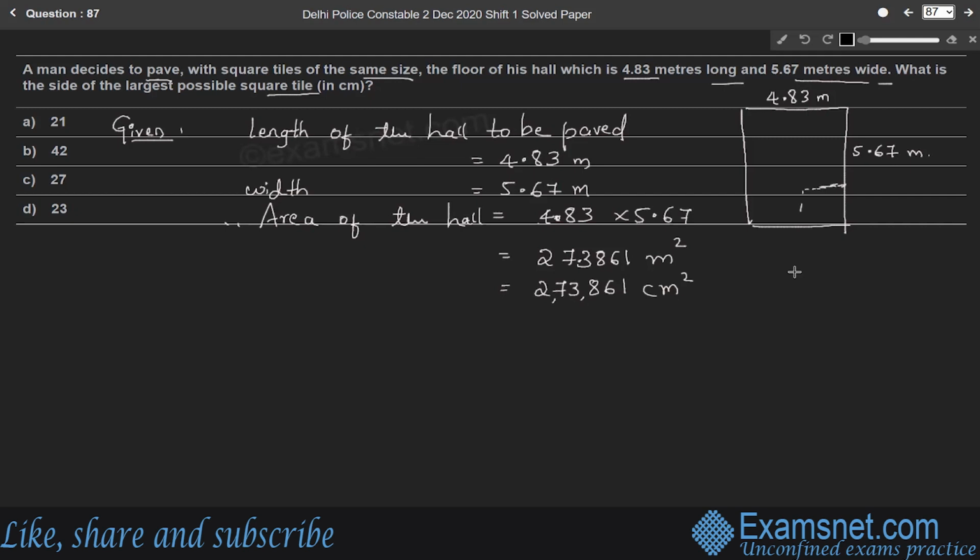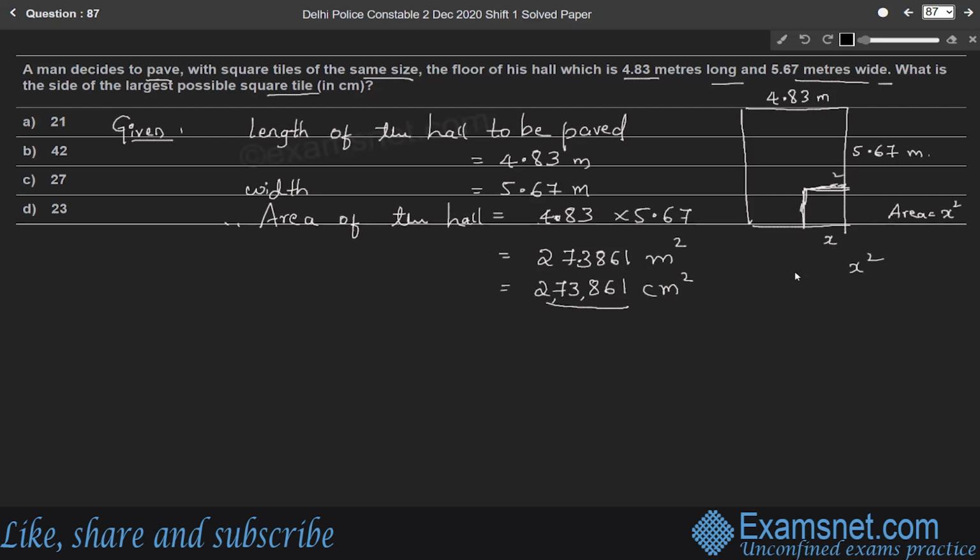So let us consider this area be the largest possible area of the tile. So let its length be x, then area becomes x square, right? So if area is x square, then the whole area of the hall should be divisible by x square, right? Because there are equal number of tiles here, right?